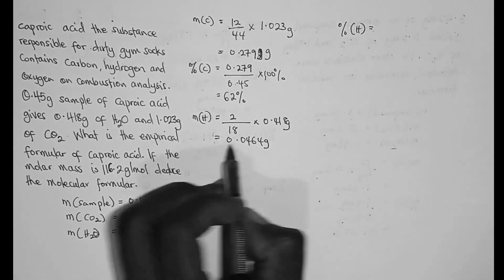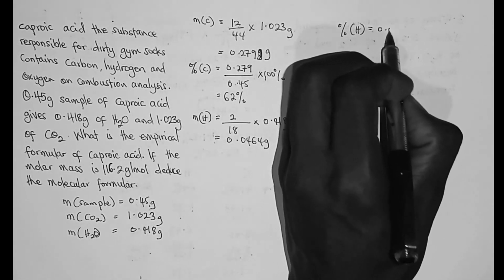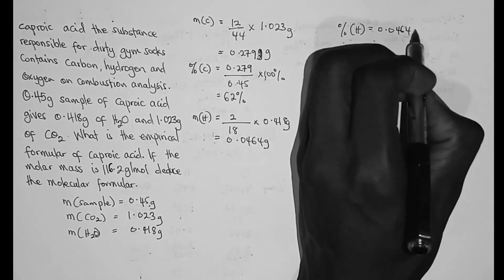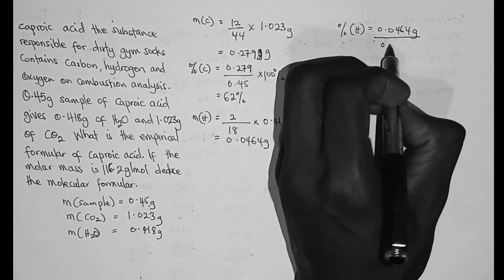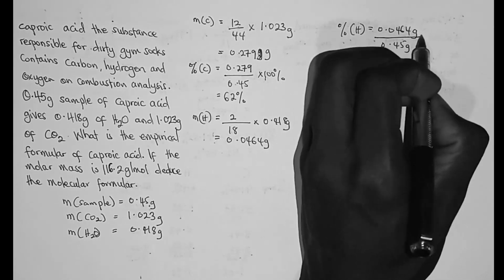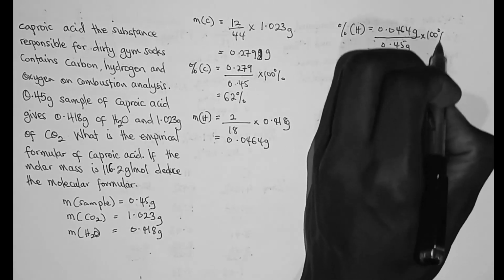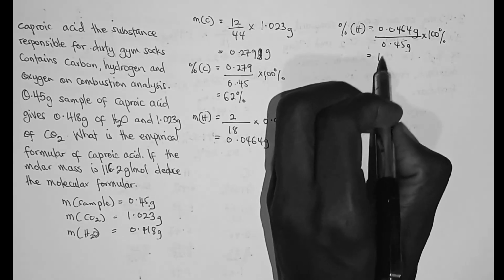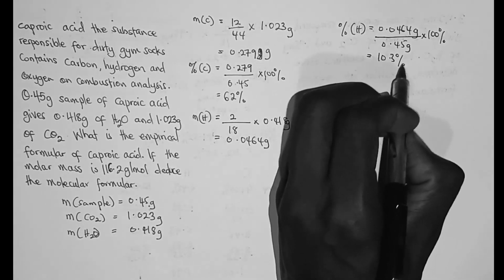So let's find the percentage of hydrogen present in the sample. And that is equal to the mass of hydrogen, which is 0.0464 grams, divided by 0.45 grams times 100%. And this is equal to 10.3%.